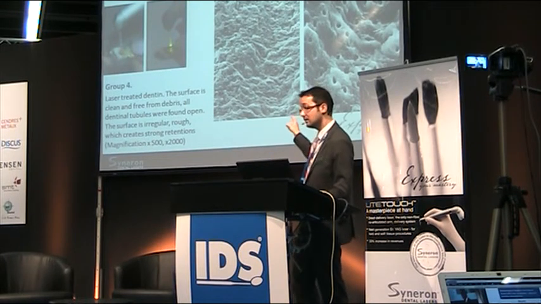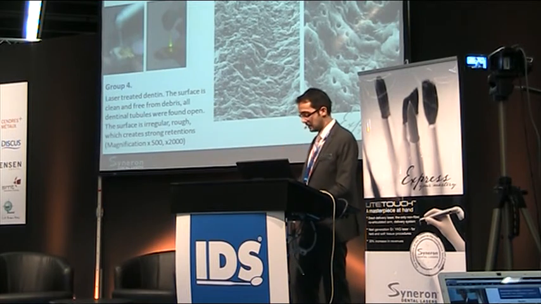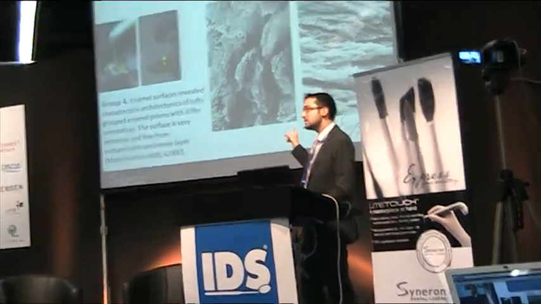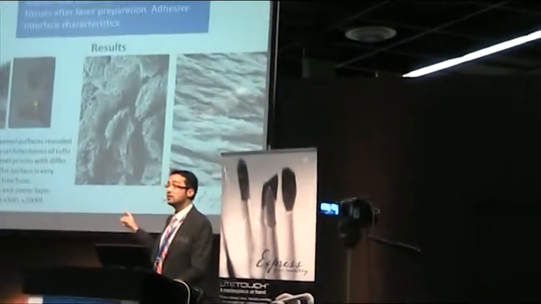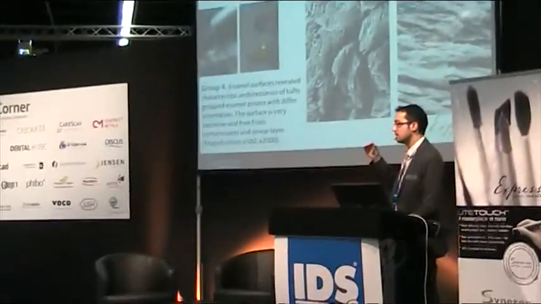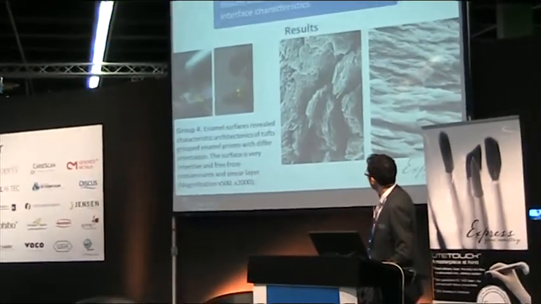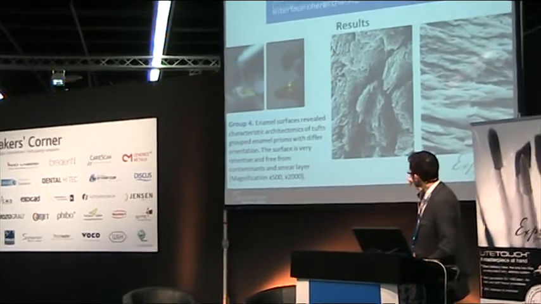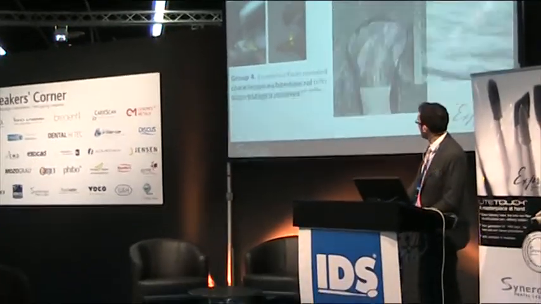This is the dentin that is treated with a laser. This is the enamel. You can see the typical characteristic of the enamel, the rods of hydroxylapatite, but there are no remnants, there is no smear layer, and the surface is very clean.